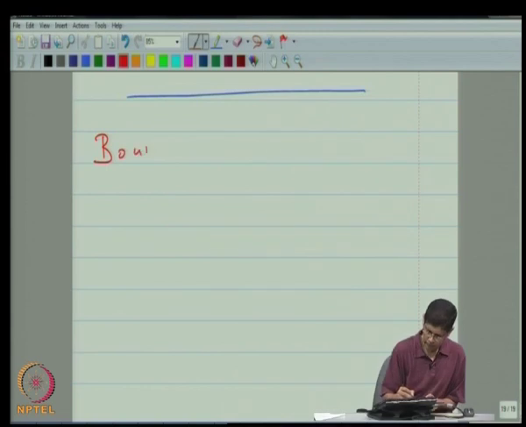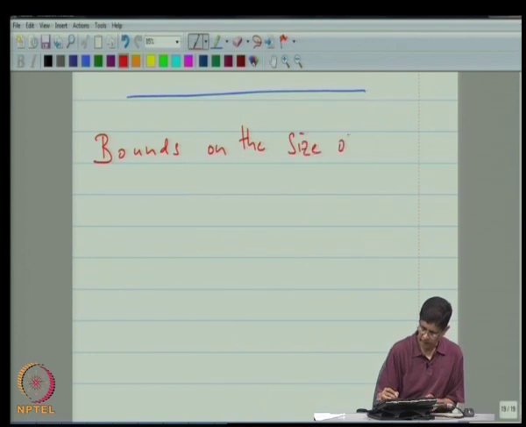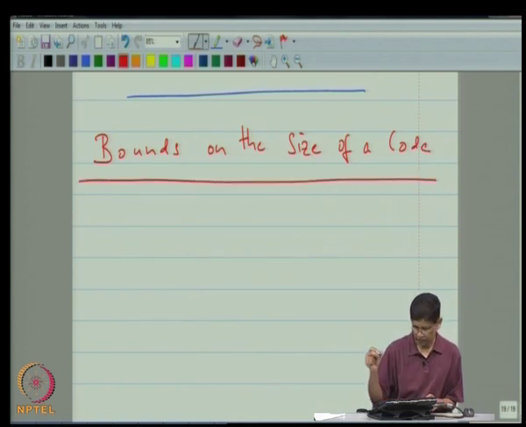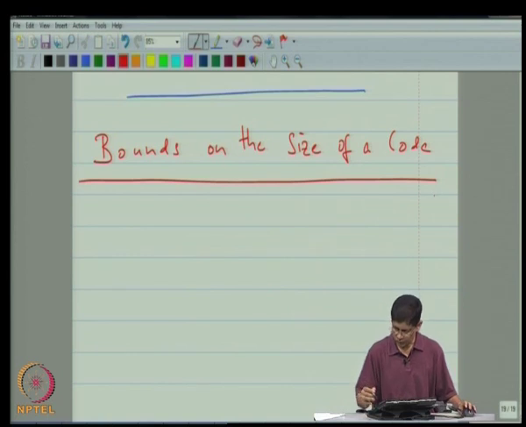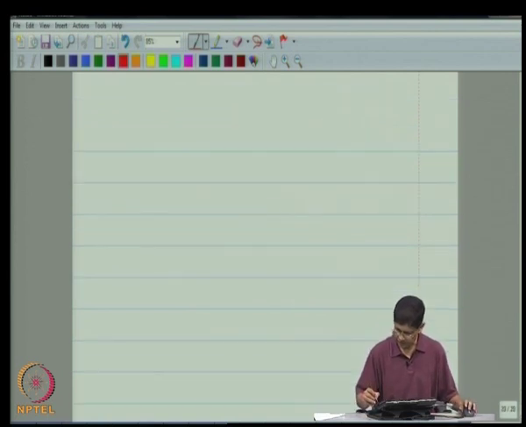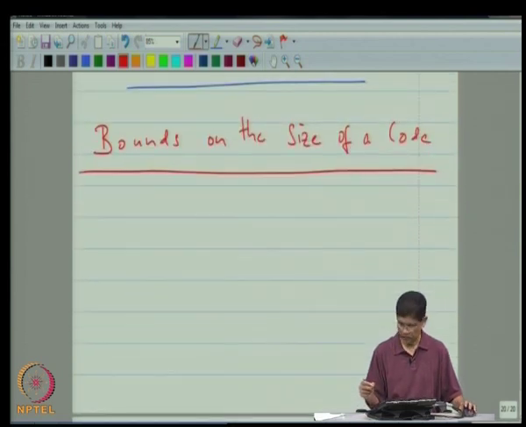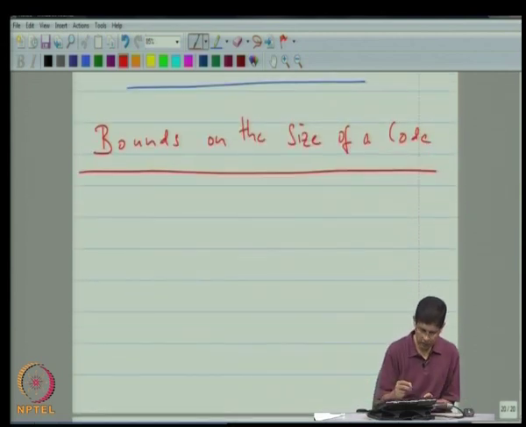So, bounds on the size of a code. And there are two bounds in particular that we will actually discuss. The first bound is the Hamming bound.